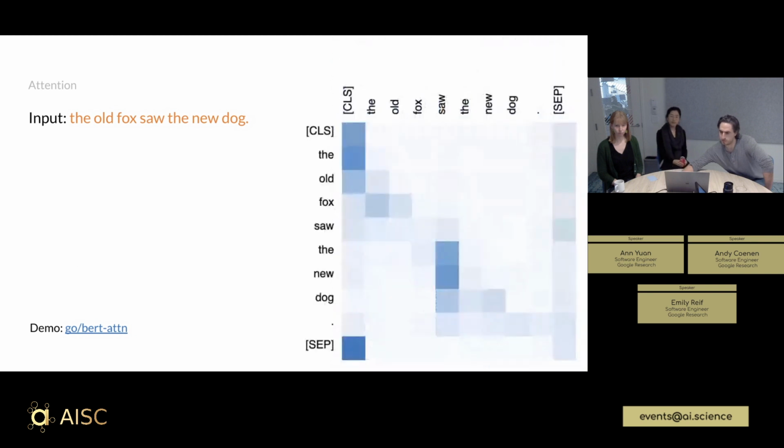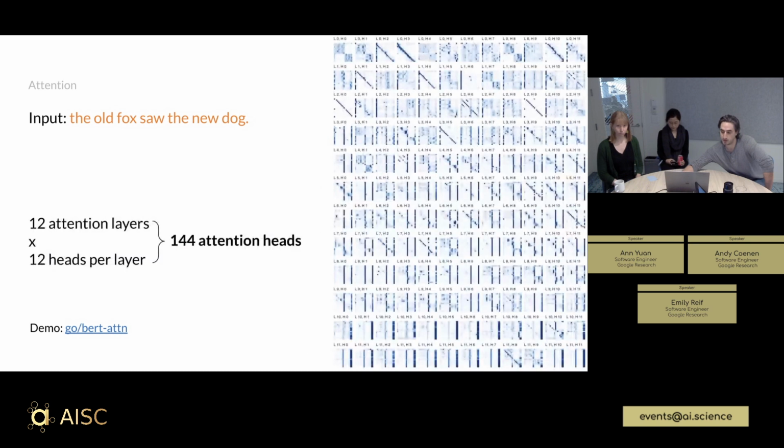So that picture before was one specific attention head. It turns out the network has, in BERT Base's case, 12 different layers, each with 12 attention heads that are mediating attention being paid from one token to the other.